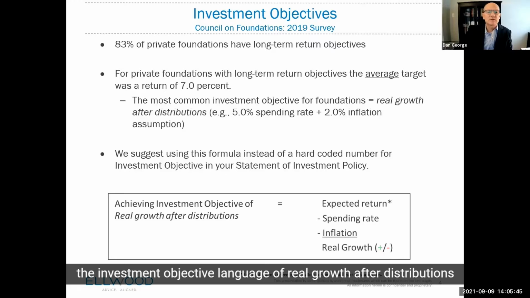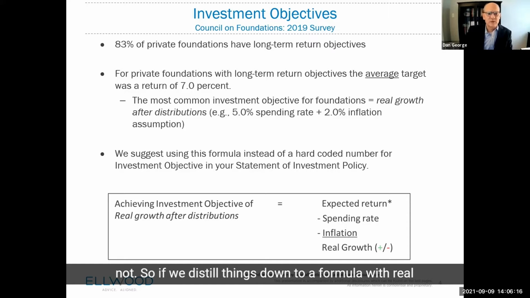The investment objective language of real growth after distributions contemplates more scenarios and gives us more flexibility down the road in case our inflation assumption changes or in case our spending rate changes. Rather than having to go back to our board and asking them to revise a new statement of investment policy, maybe with a 7.2 or 7.5% return objective, having this investment objective written in a formula phrase gives us that flexibility that a hard number does not.